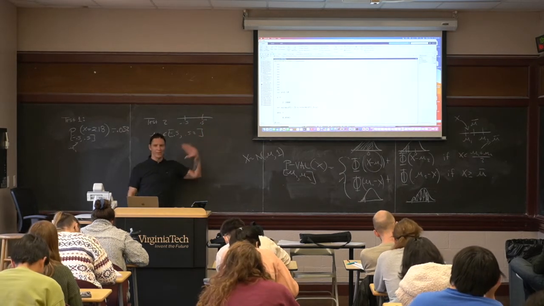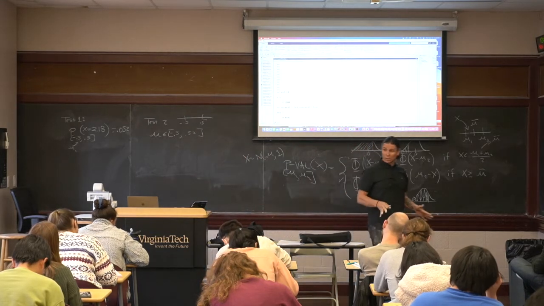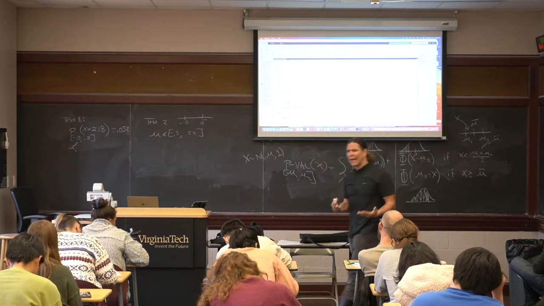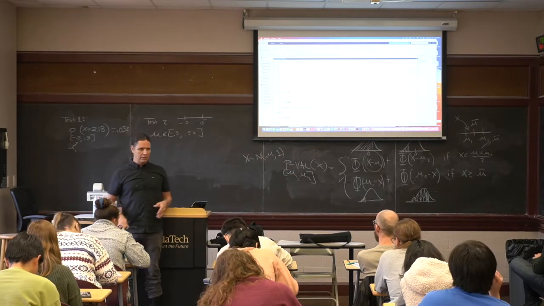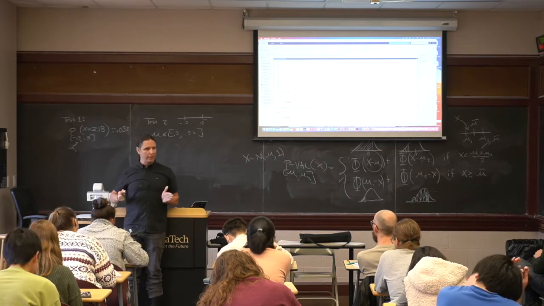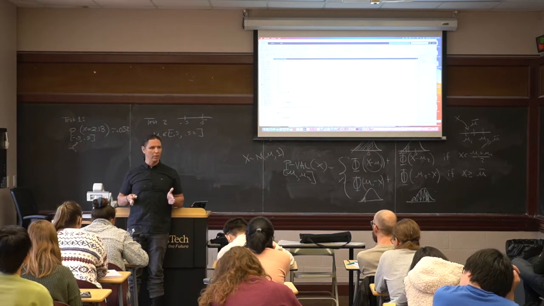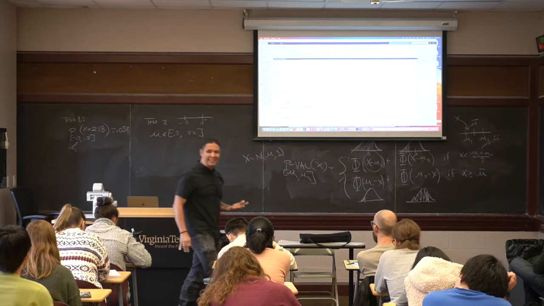So I've made the set bigger. So what do you think? Should the p-value get bigger or smaller? What do you think should happen if the p-value was a measure of evidence and it could be considered an actual measure? If I make the set bigger, should the p-value get bigger or smaller? You'll have to think about this for just a second. What would you like it to do?